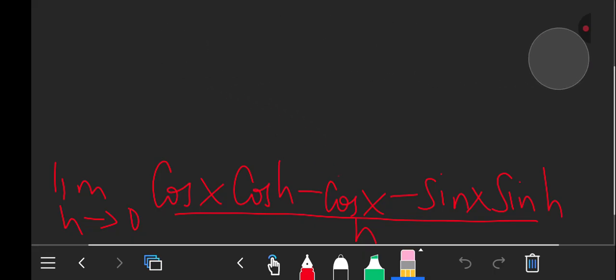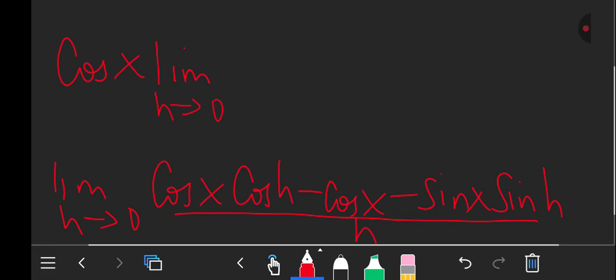At this moment now, I can factor out cos x, so I'll say cos x outside, then I'll remain with limit as h approaches 0. There, what I'll have is cos h minus 1 over h. This side, I'm going to have negative sin x.